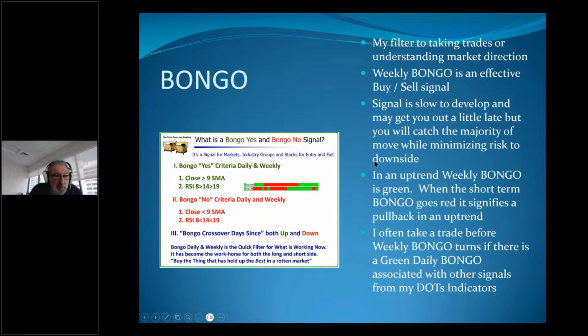This is something that I created about 20 years ago. Ian came to me and a couple of my friends and said, Jeff, I want you to find an indicator that we can use to time the market, whether it's a market, an index, a stock, and find something that keeps you in the trend and gets you out.